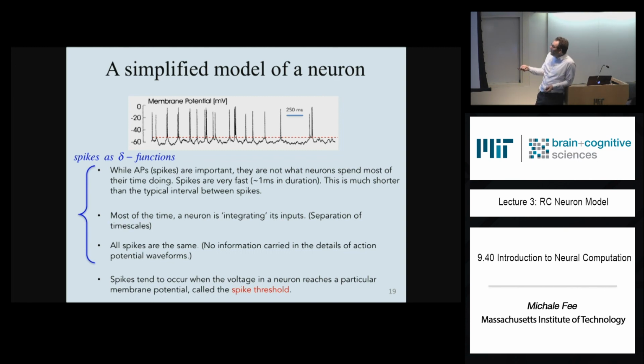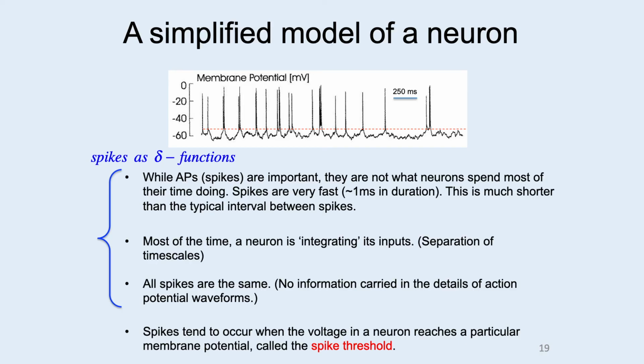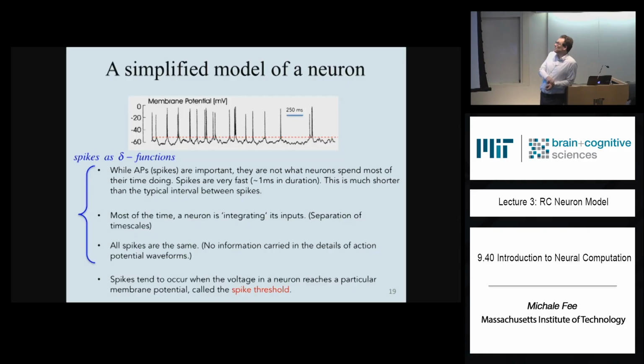And the spikes are going to occur when the voltage in the neuron reaches a particular membrane potential called the spike threshold. Now that's a reasonable approximation for many neurons. It's not absolutely the case, but many neurons spike when they reach a particular voltage threshold.